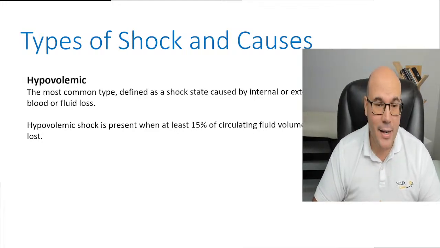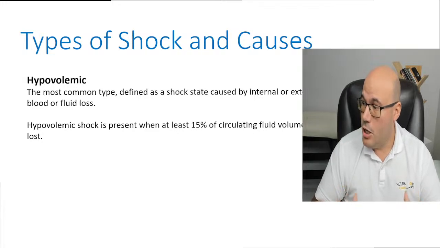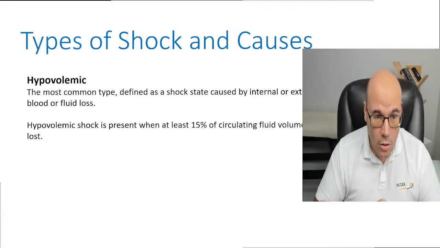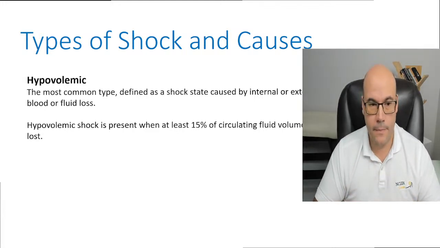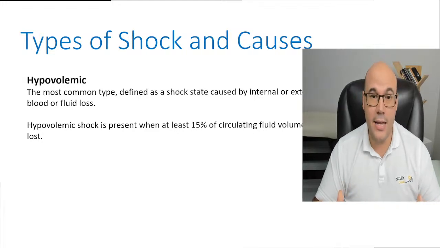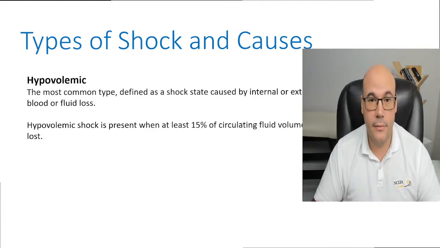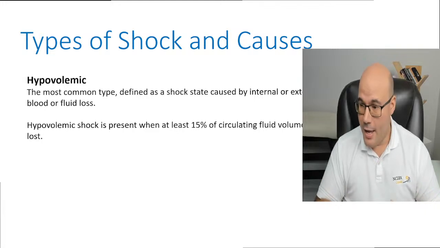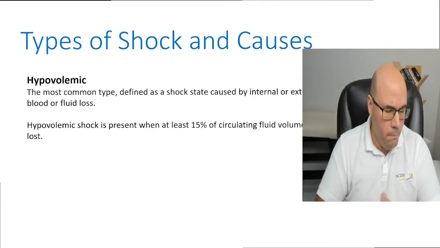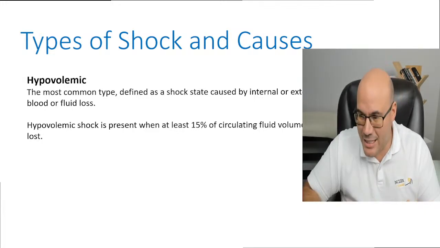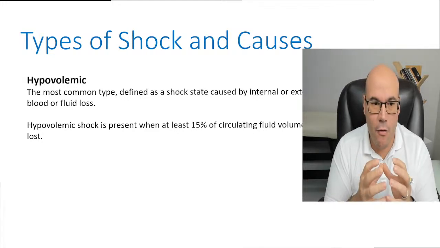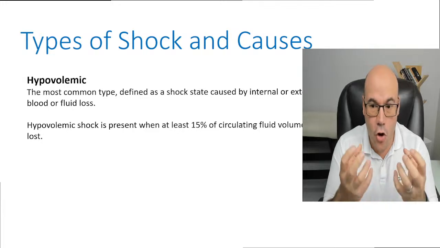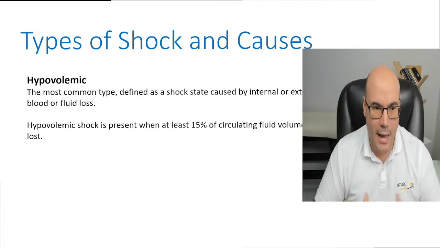It's defined as a shock caused by internal or external blood or fluid loss. So whether it is internal bleeding or a patient has a wound, a stab wound, gunshot wound, external bleeding, the mere fact is that the blood and fluid loss is massive.